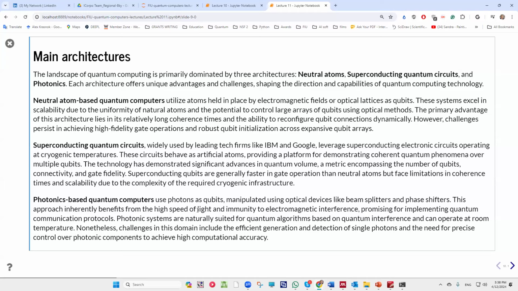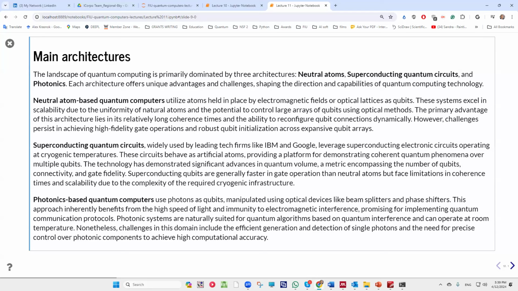The cons, the drawback of photonic-based platforms, is the lack of two qubit gates. There are some 2-qubit gates, however, they are not easily scalable. And these disadvantages actually inherit from the advantages.